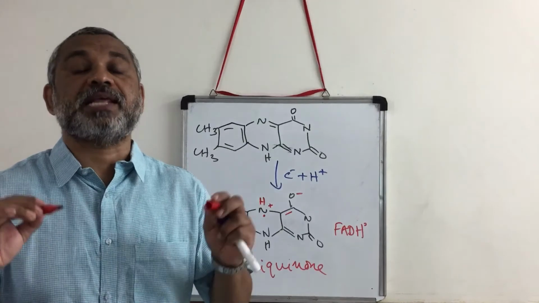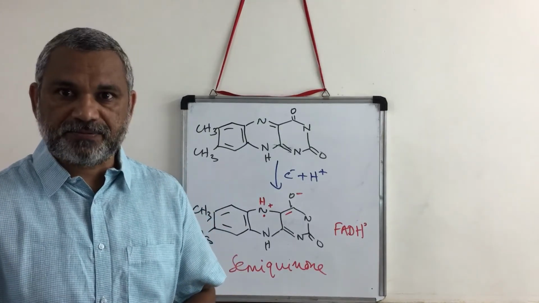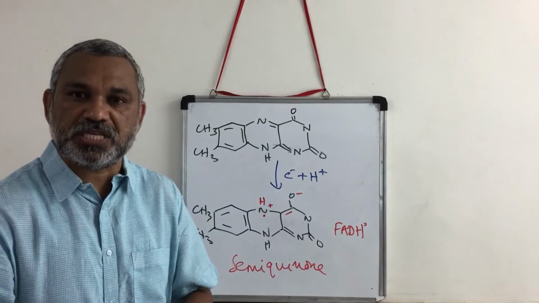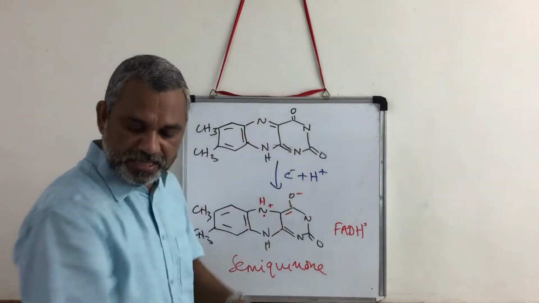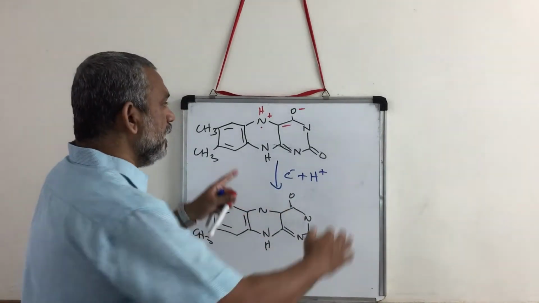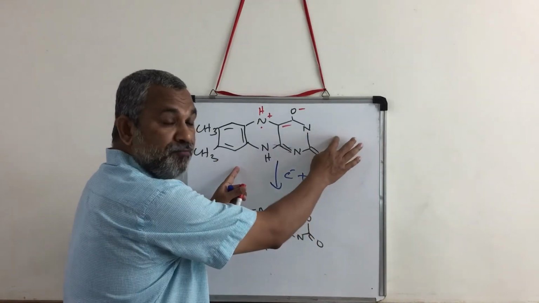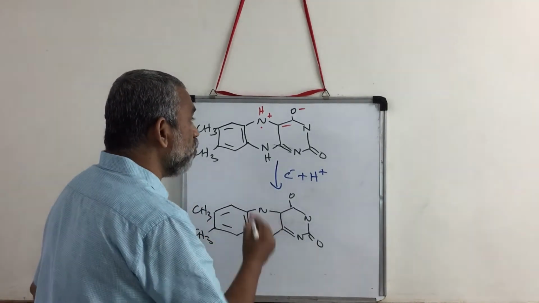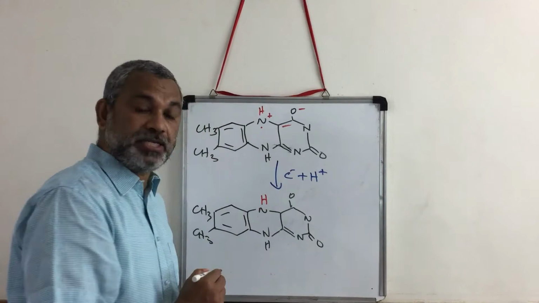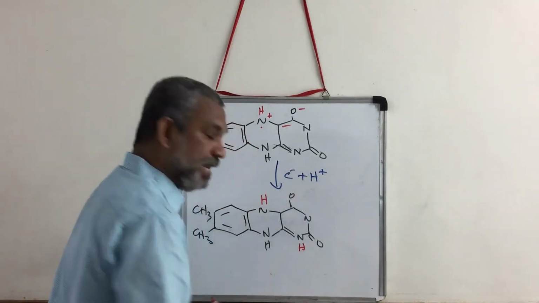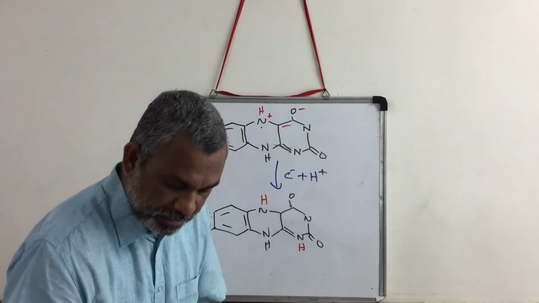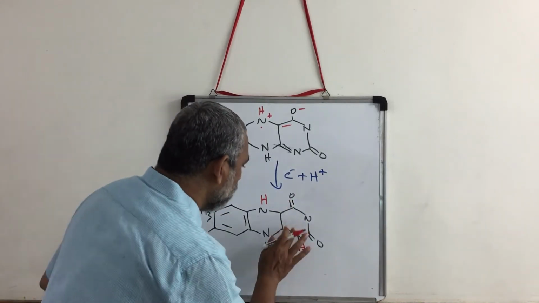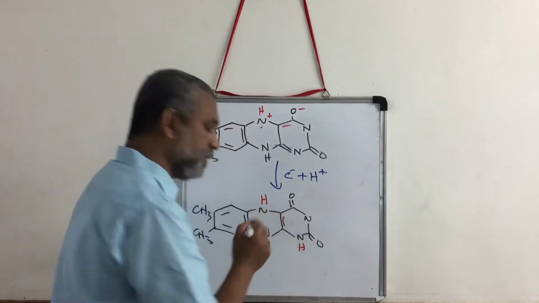Now this is highly reactive. Let us see what happens when we add one more hydrogen to this. We will make a correction in this and then proceed. This semiquinone form will accept one more hydrogen. So this becomes NH and this also becomes NH, and the double bond is shifted from here to here.